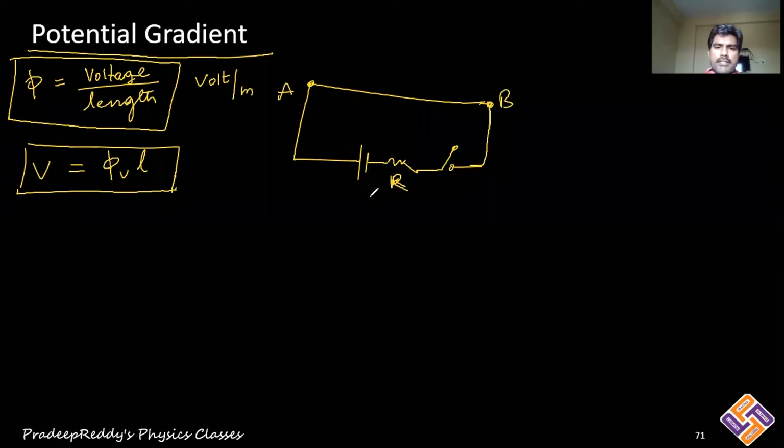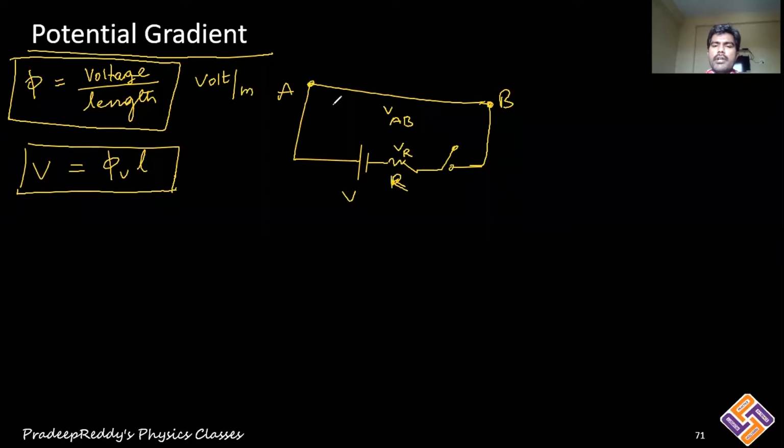When you are connecting some voltage V here, the battery potential is V. There will be some voltage dropped across this resistor, I consider it as VR. And there will be some voltage dropped across this wire AB.